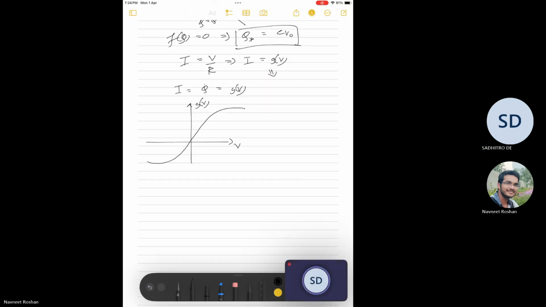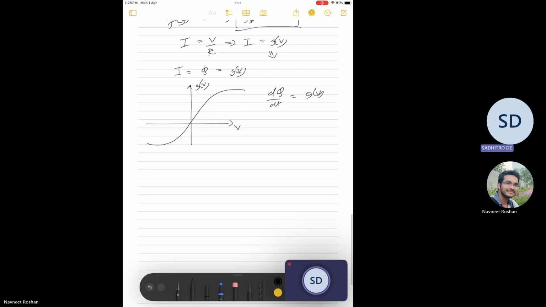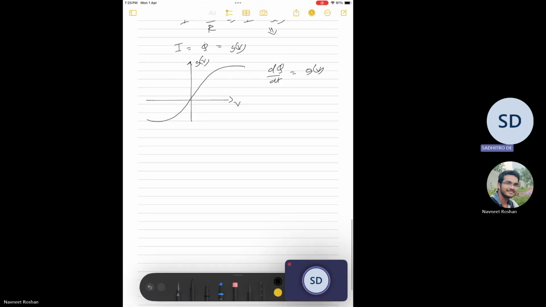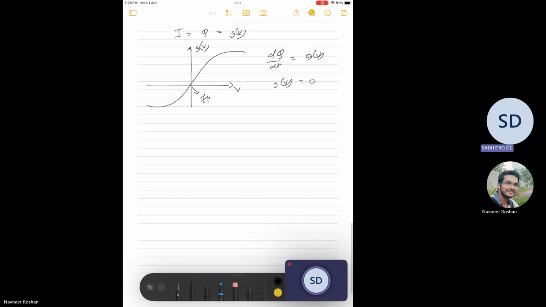Okay, so then dq by dt is equal to this equation over here, and therefore the fixed points of this equation are given by basically g of v equal to 0. So this is the fixed point of this particular equation. And what is the stability of this particular fixed point? You will see that this point is entirely unstable.